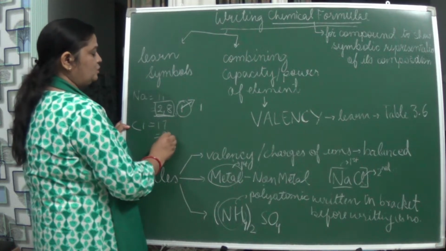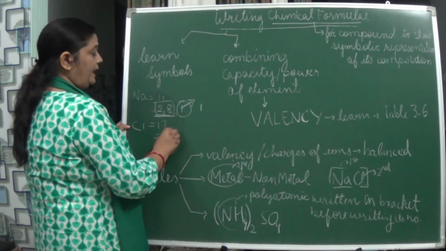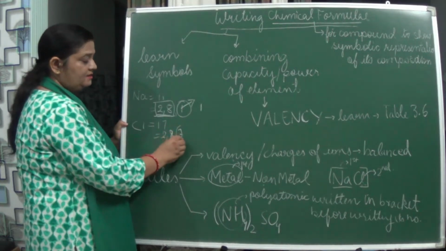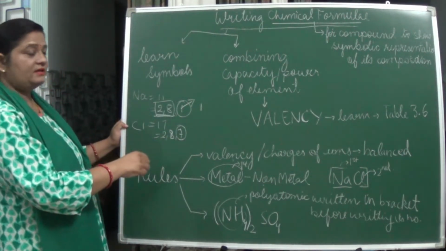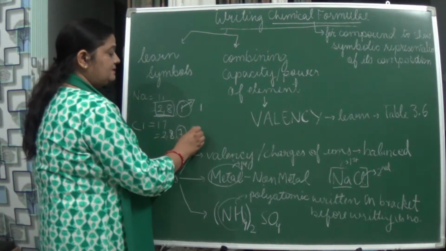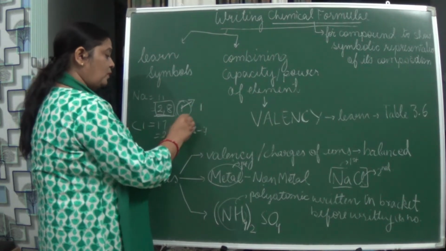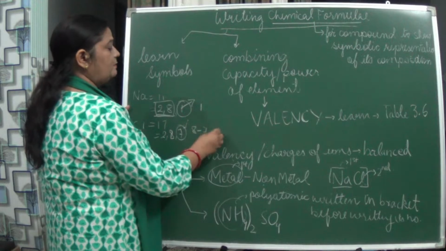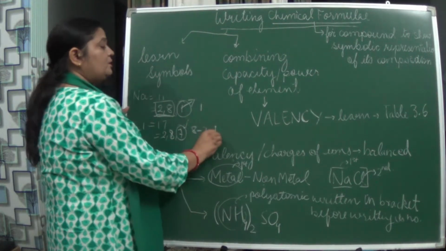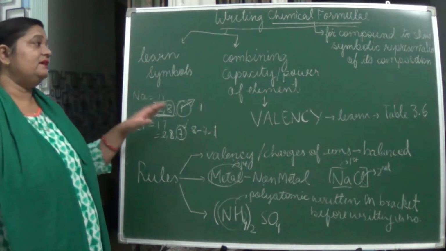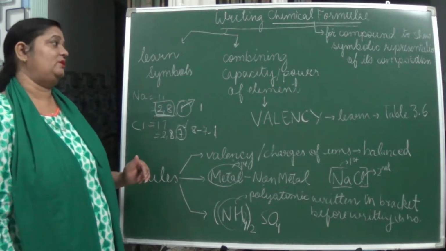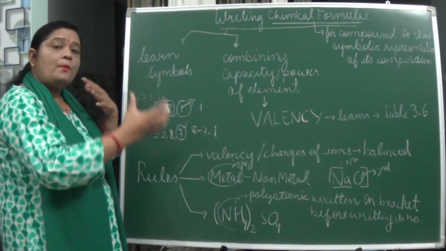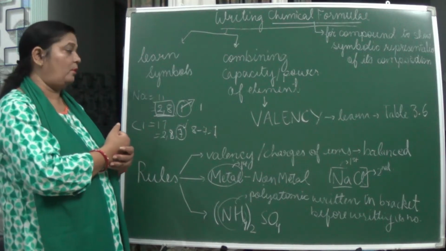So we write 2, 8 and 7, isn't it? Here the valence electron is 7, but the valency will be 8 minus 7, because if it takes one electron, it will become stable. So its valency becomes 1. So what is valency? Valency is the combining capacity of the element, or how many electrons are participating in bond formation.